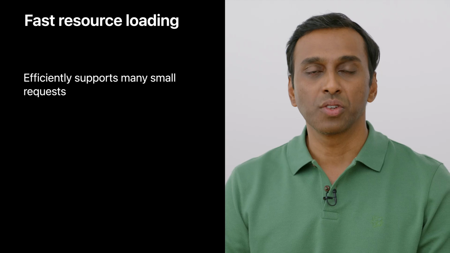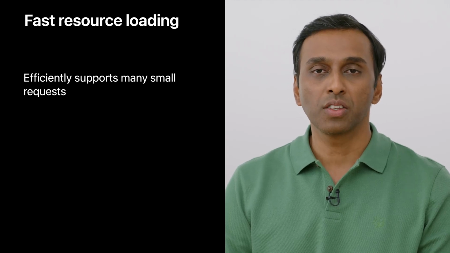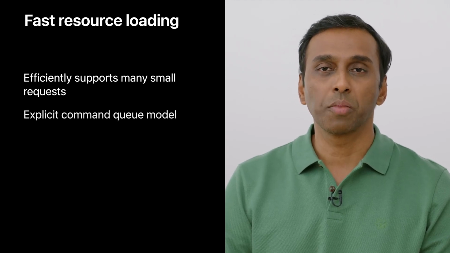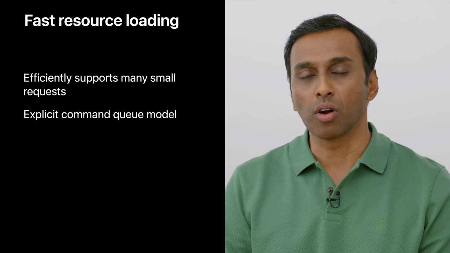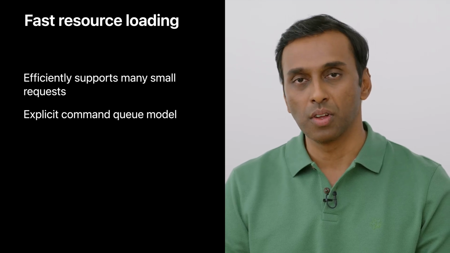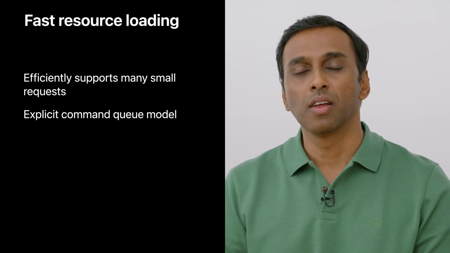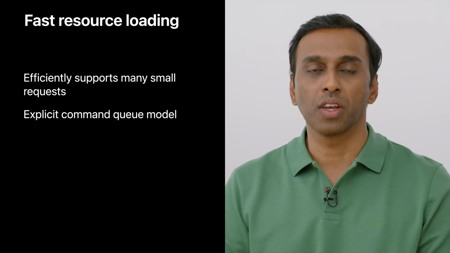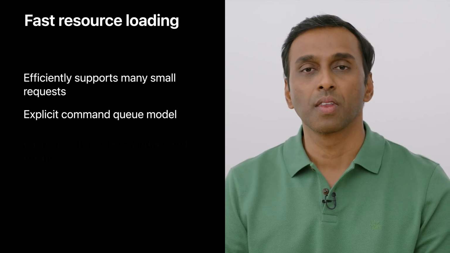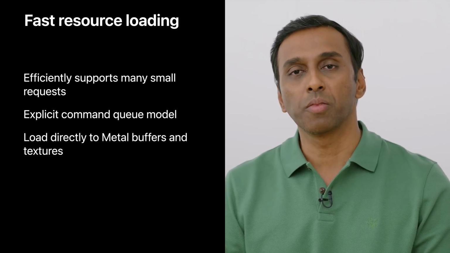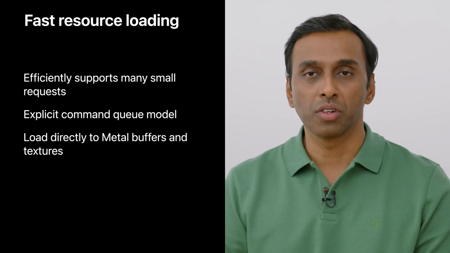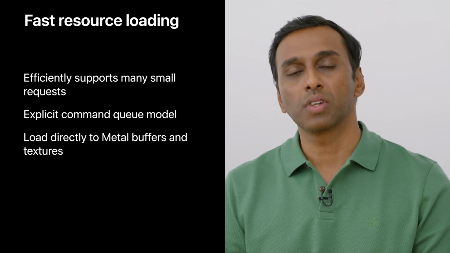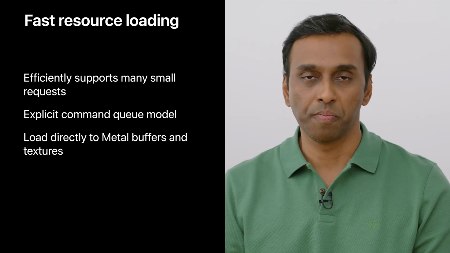Metal 3's fast resource loading lets you request many small loads using the same explicit multi-threaded command model as graphics and compute. Each request is a command, and many commands can be queued for asynchronous submission. It loads directly into your Metal buffers and textures without additional steps, saving you both development effort and transfer time.